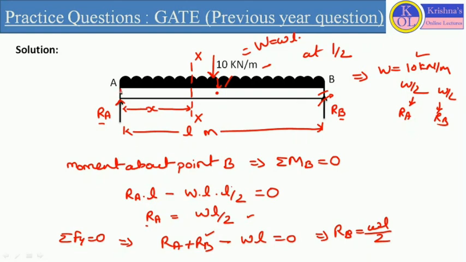Let us consider point A. From point A, we are going to take a section XX at distance X. Here we are cutting this particular section. Only this particular section we are going to use to define the bending moment. And this section XX we are taking as the reference section.